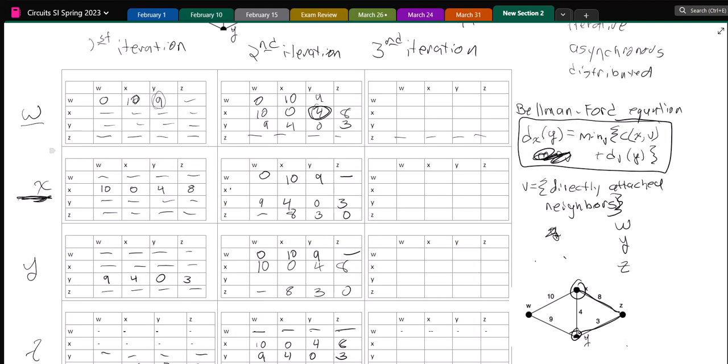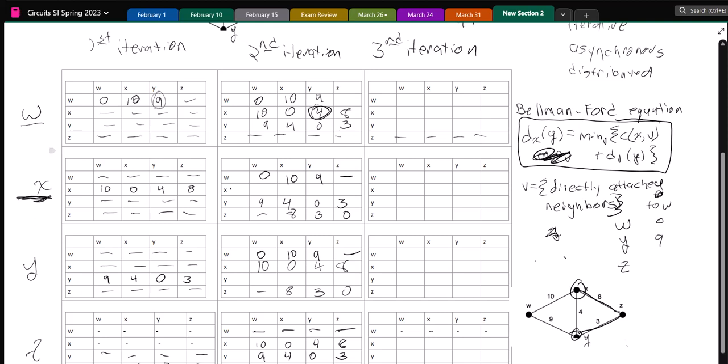So first, what is the cost? So I'm in my w column, so this is my cost to w. What is my cost to w from each of these neighbors? So I'll look at their distance vector. From w's distance vector, it costs 0 to get to w. From y's distance vector, I see it costs 9 to get to w.